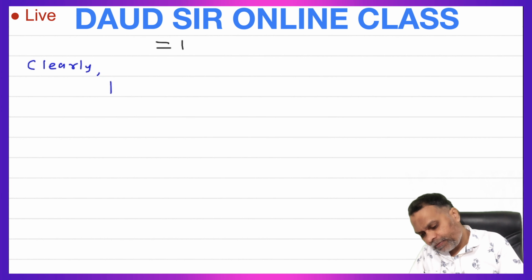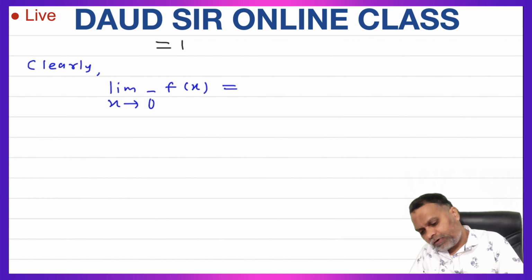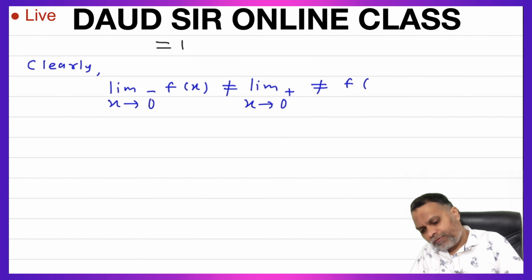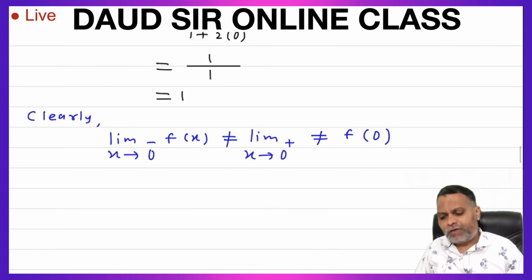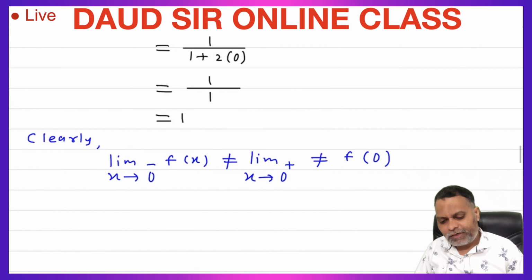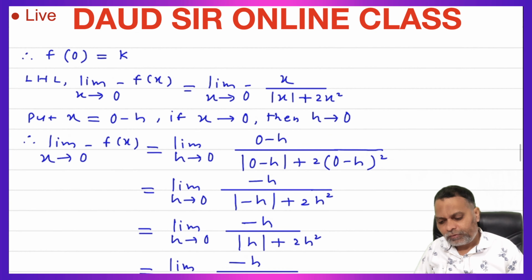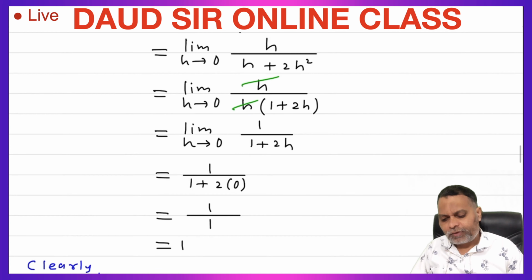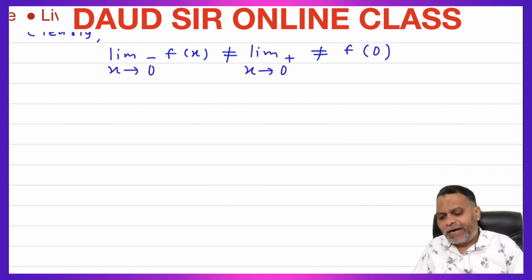So clearly left hand limit is not equal to right hand limit is not equal to f of 0. All the three values are different. Left hand limit minus 1, right hand limit 1, and f of 0 k. So this function is discontinuous at x is equal to 0 regardless of the choice of k.